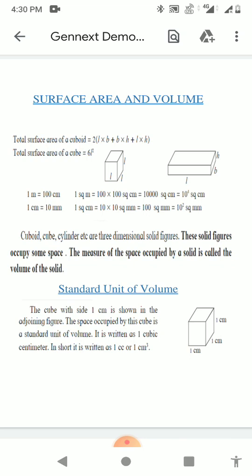Length is L, width is B and height is H. So how to calculate the total surface area of a cuboid? Total surface area of a cuboid is equal to 2 times (length into breadth plus breadth into height plus length into height). With the help of this formula we can easily calculate the total surface area of a cuboid.